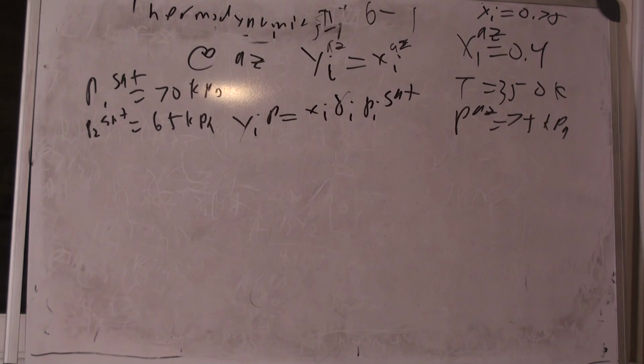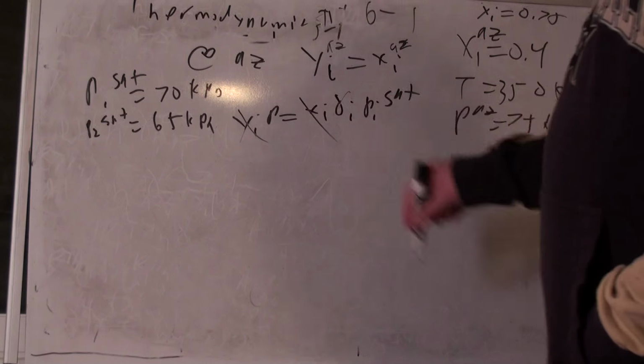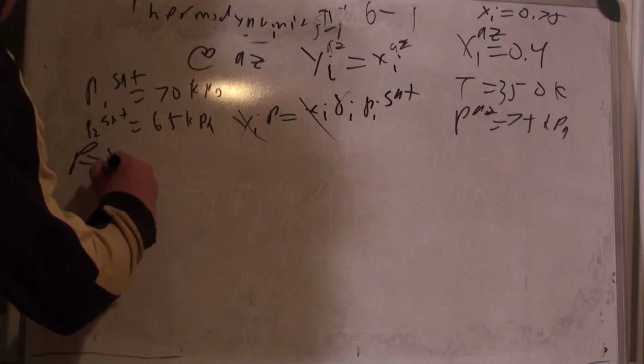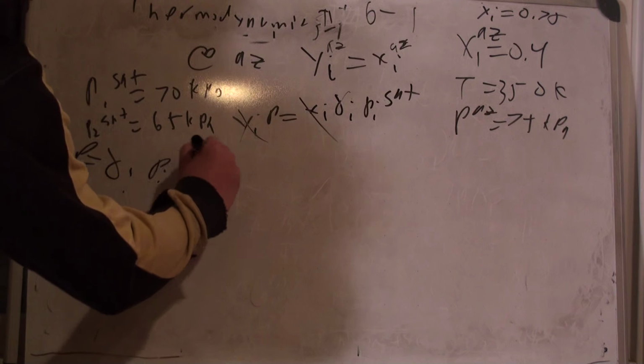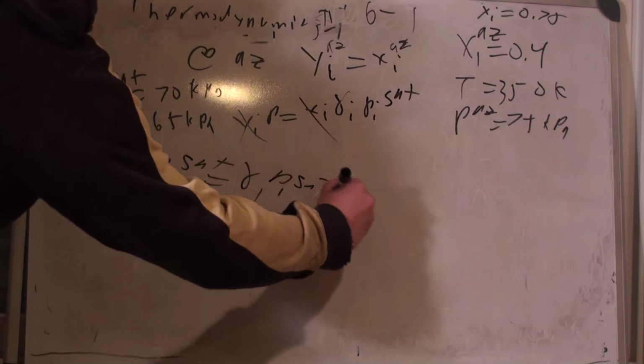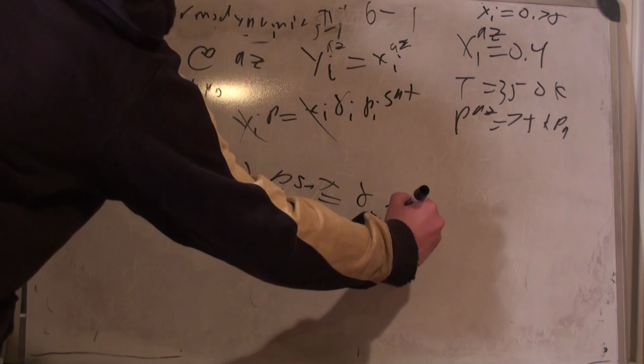I'm at an azeotrope, and because yi and xi equal each other, they cancel each other out. As a result, I have P equals gamma i Pi sat, which is equal to gamma 1 P1 sat, which is also equal to gamma 2 P2 sat.